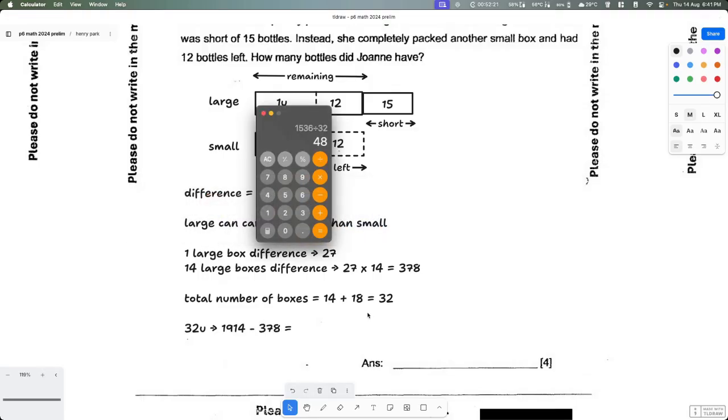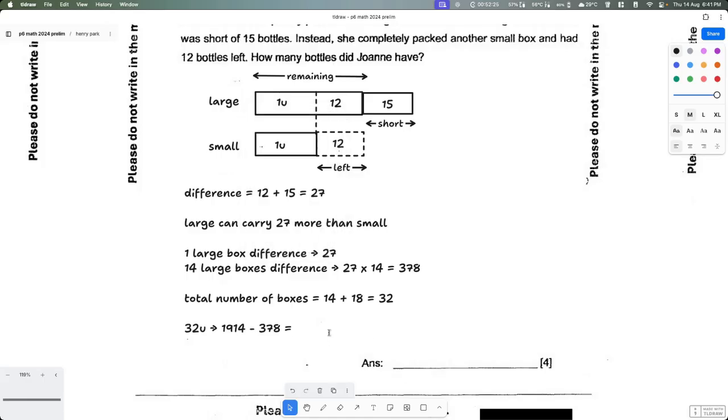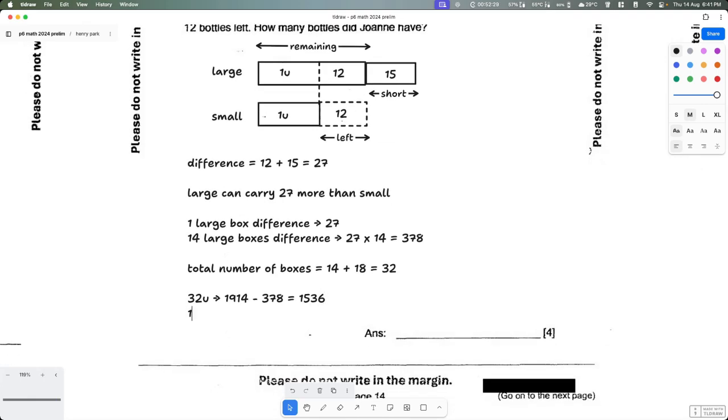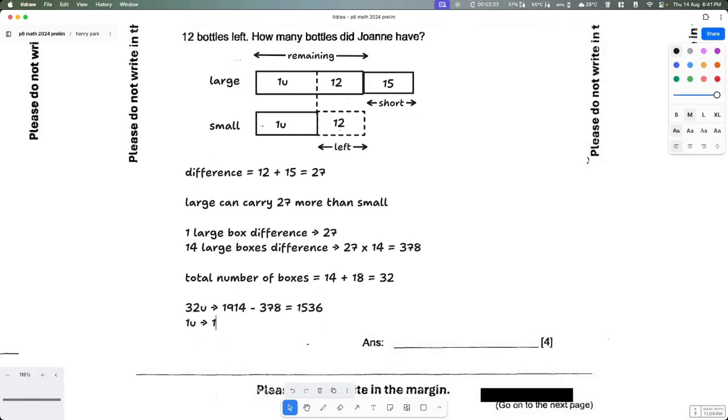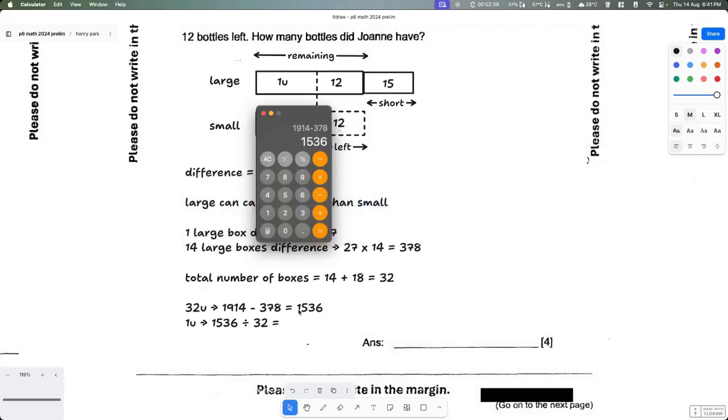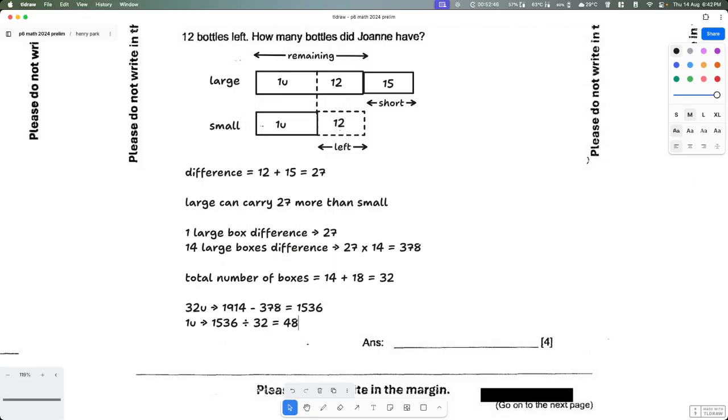So 1914 minus 378 will give us 1536. That means 1 unit is equal to 1536 divided by 32, and this will give us 48.